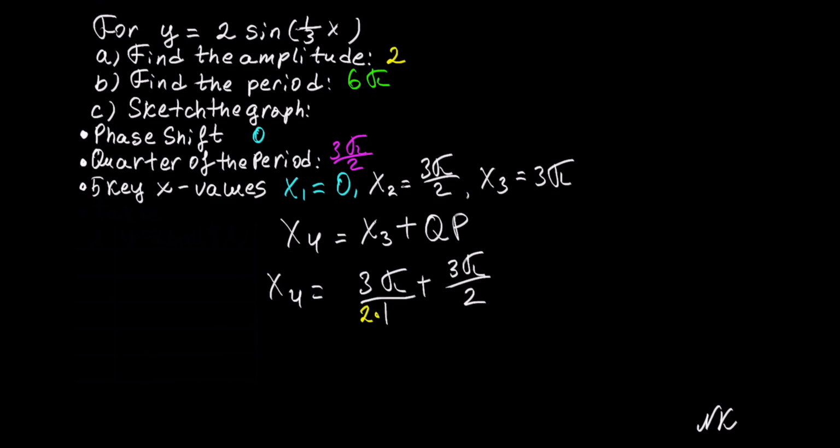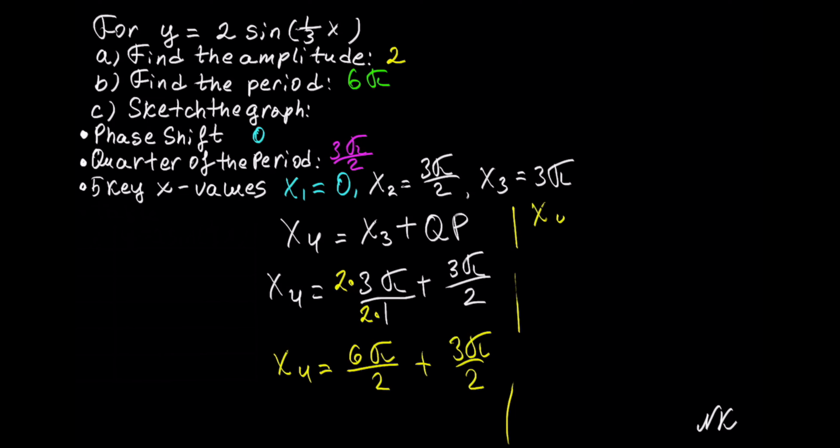Whatever we multiply the denominator by, we need to multiply the numerator by the same thing. So 2 times 3, and we get x4 is equal to 2 times 3, 6 pi out of 2 plus 3 pi out of 2. This gives us x4 is equal to, out of 2, 6 pi plus 3 pi. And we get that x4 is equal to 9 pi out of 2.